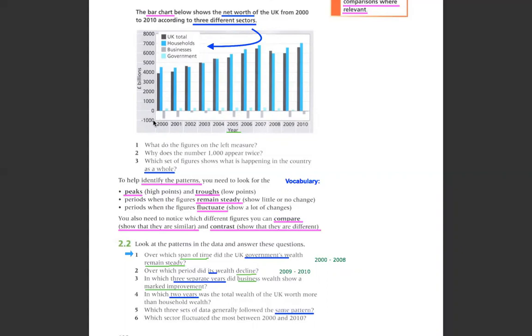Remember that this is in the negative, so that means this is a low point. This is when it's at its lowest. You need to find which 3 years was it at its highest. Which 3 years made a marked improvement from the previous year.